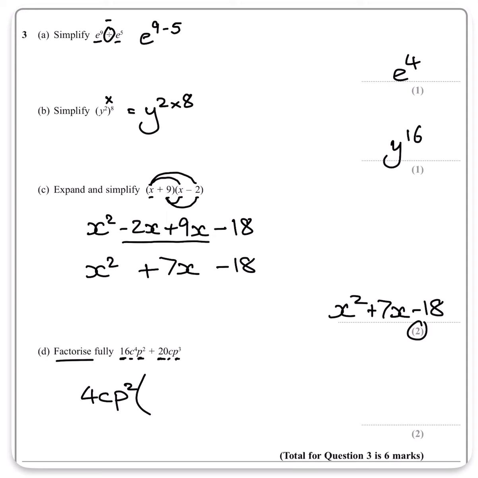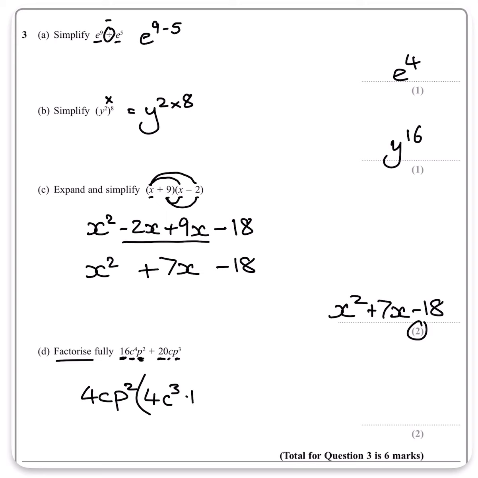Now to work out the contents of the bracket, 16 divided by 4 leaves me 4. c to the power of 4 divided by c leaves me c cubed. p squared divided by p squared, well, that eliminates, essentially leaves me 1, but I don't need to write that in.